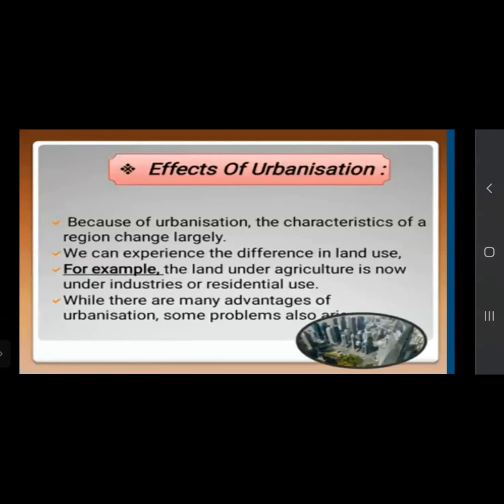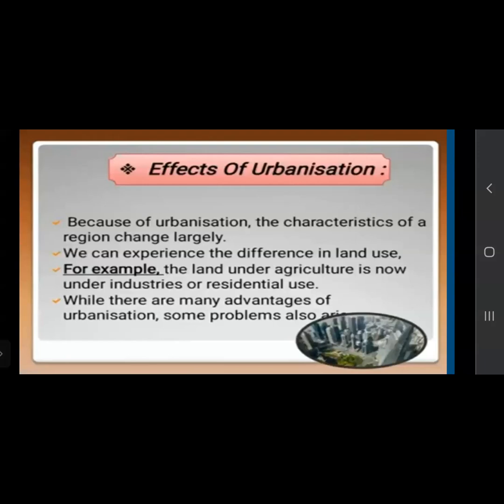While there are many advantages of urbanization, some problems are also there. We all know everything has advantages and disadvantages. In the same way, urbanization is very good and important for the progress of humans, but it also has some disadvantages.